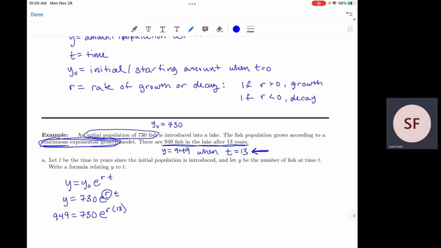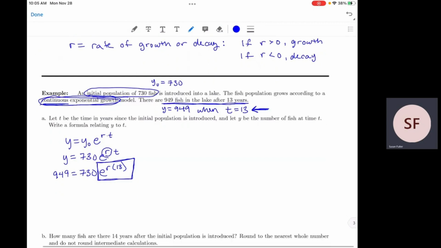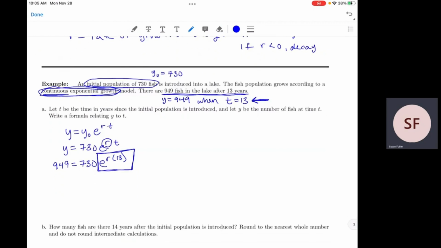Okay, so how do we solve for r? Well, this is an exponential equation, so I need to isolate my exponential just like we did before. We need to get the exponential by itself. To do that, I need to get rid of that 730. It's connected by multiplication, so I'm going to divide both sides by 730 here.